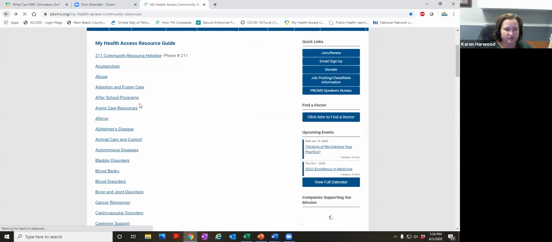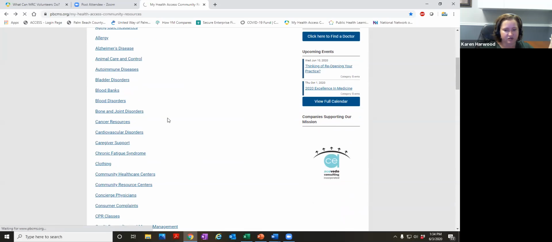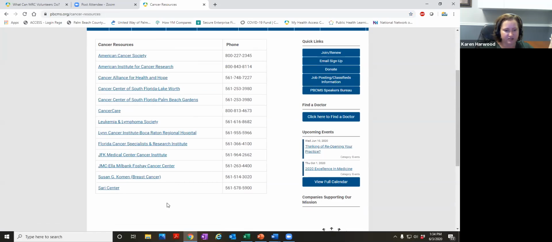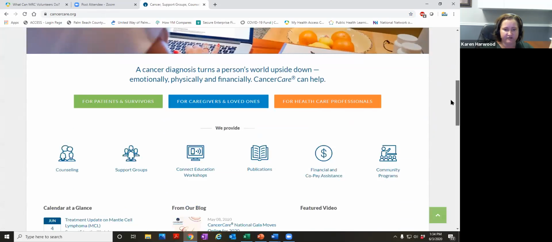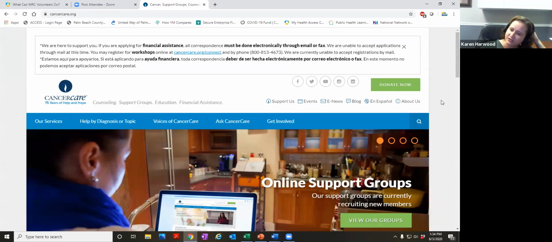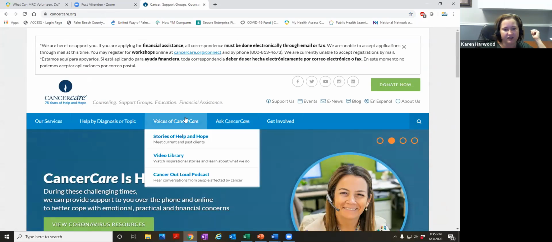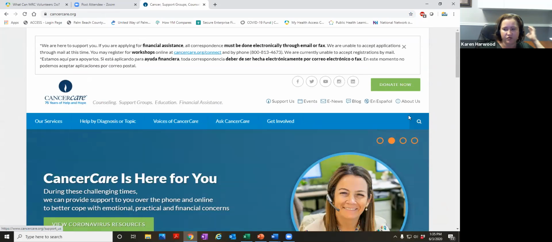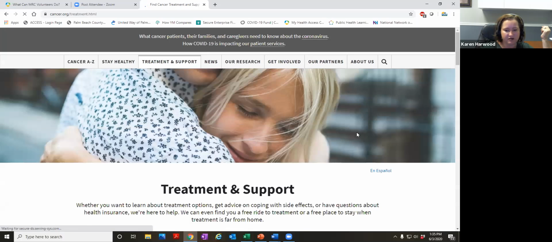If we go to another one, let's see, cancer resources. These are all the resources for cancer here in Palm Beach County. And Cancer Care is a great resource. Just like how Alzheimer's Association has 24-hour care, Cancer Care has, I think, online therapy available, and great information about disease-specific brochures they'll send you, just all different things.